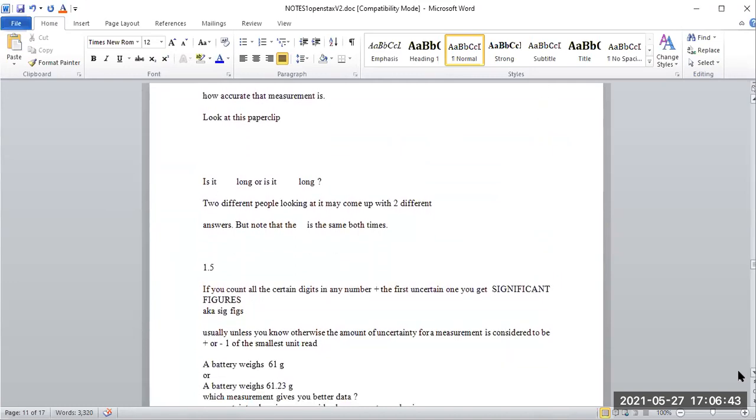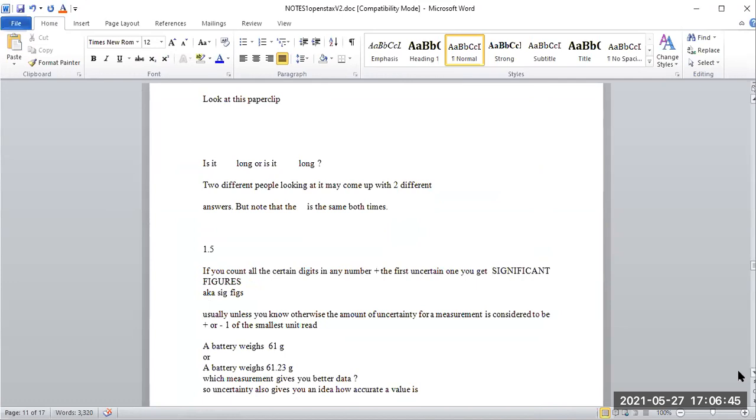And then if you have all the digits you agree upon, plus the first uncertain one, these get referred to as sig figs. We're going to spend some time this chapter dealing with sig figs. We also deal with them to some degree in the first lab.